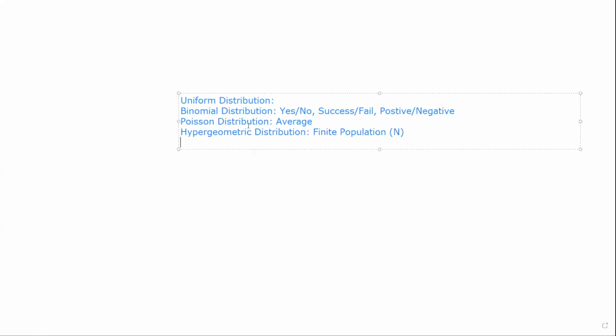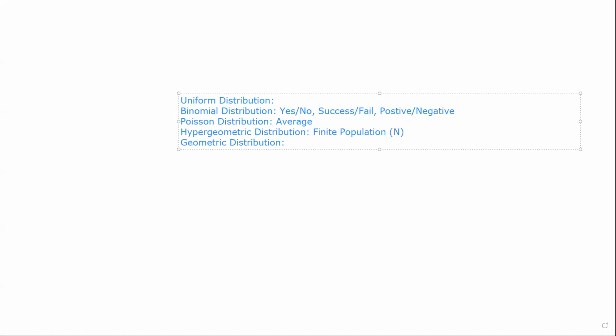And number five is geometric. So, hypergeometric, Poisson and geometric distribution.